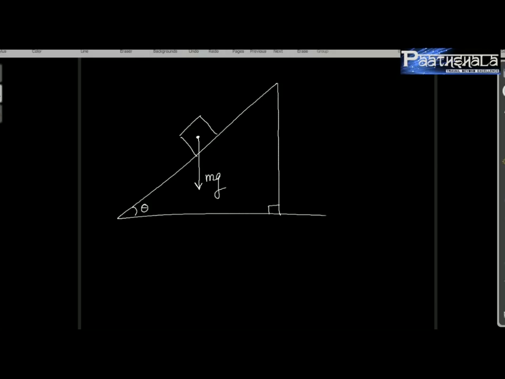By trigonometry, when you complete this triangle, you will understand that this angle is also theta, simply because the shown angle is 90 degrees and the blue angle is 90 minus theta. So the green angle becomes 90 minus (90 minus theta), which is equal to theta.